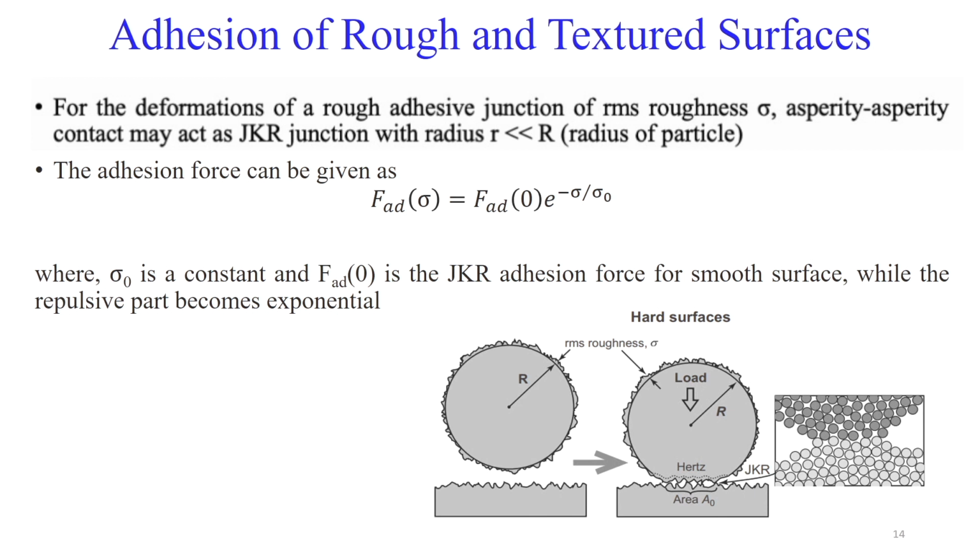For the deformation of a rough adhesion junction of RMS roughness σ, an asperity contact may act as a JKR junction with a radius much smaller than the macroscopic particle radius R. If you have a rough surface, and your sphere also has roughness, its root mean square roughness is σ, sometimes also referred to as Rq. Rq means root mean square roughness.